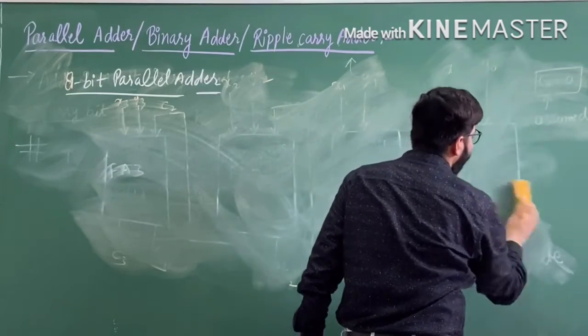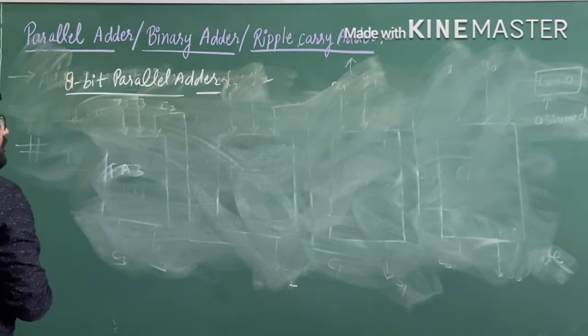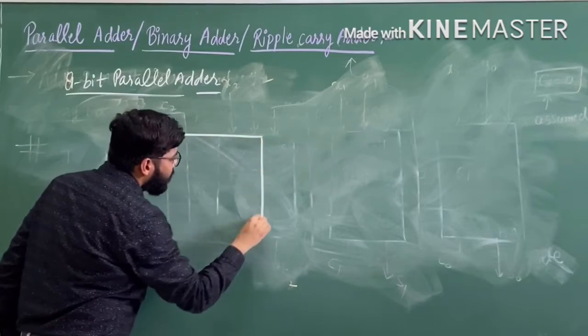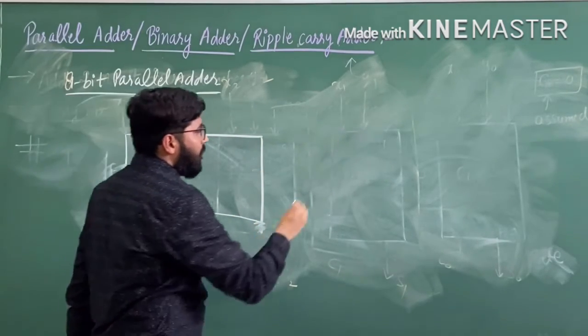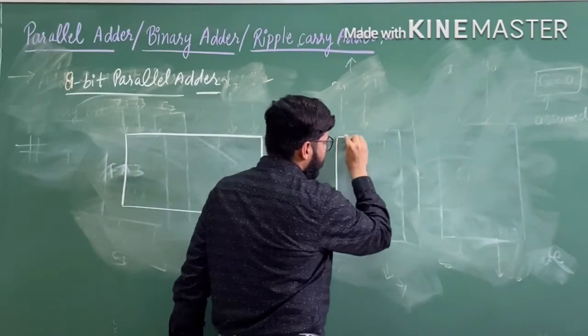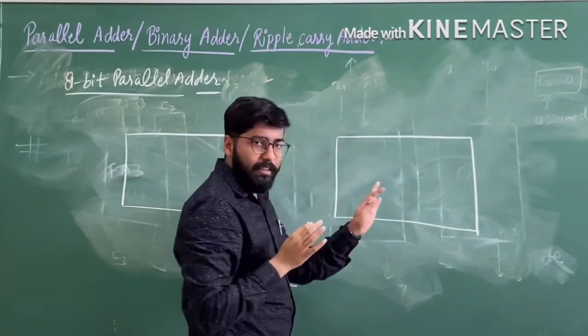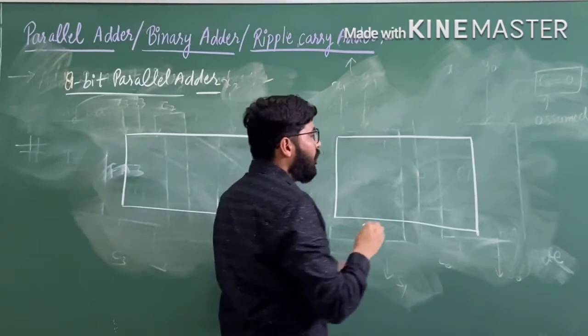See, suppose this is the 4-bit parallel adder and this is another 4-bit parallel adder. In this 4-bit parallel adder there are 4 full adders.